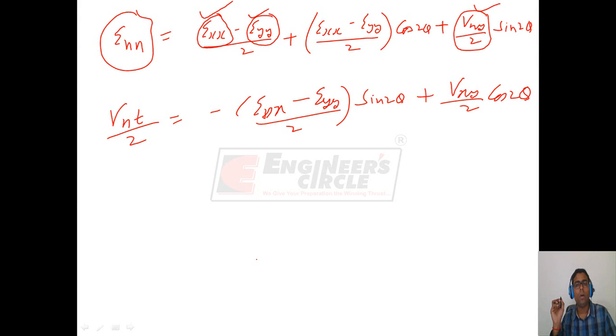To find the value of gamma xy, we use another strain gauge. That strain gauge will give us the value of epsilon nn in some known direction.